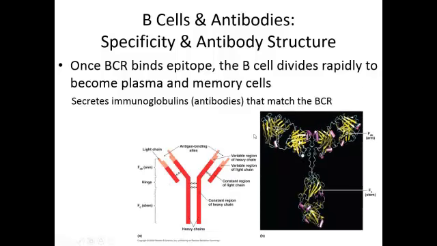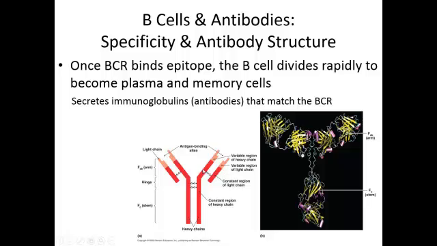Here is more of a molecular formula where you can see some beta pleated sheets and some alpha helixes. This is more of a simplified drawing. This is what your basic antibody looks like. We have the heavy chain and the light chains that are connected by disulfide bonds, which makes antibodies very stable.